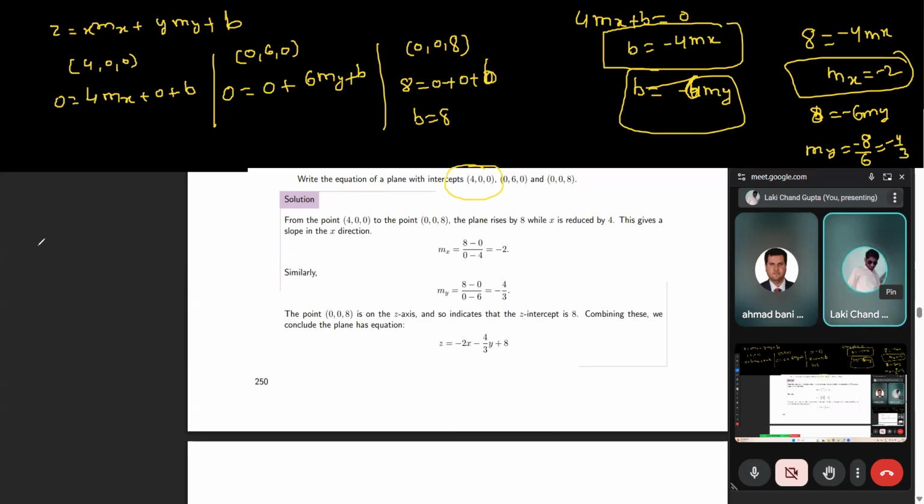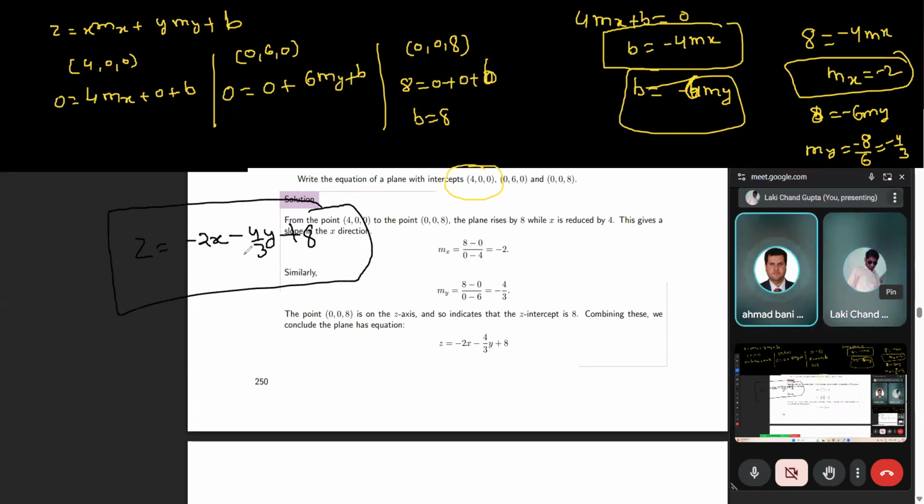This is your answer, right? Mx is minus 2x minus 4 by 3y plus b. Understood? So we find the slopes. Very easy.